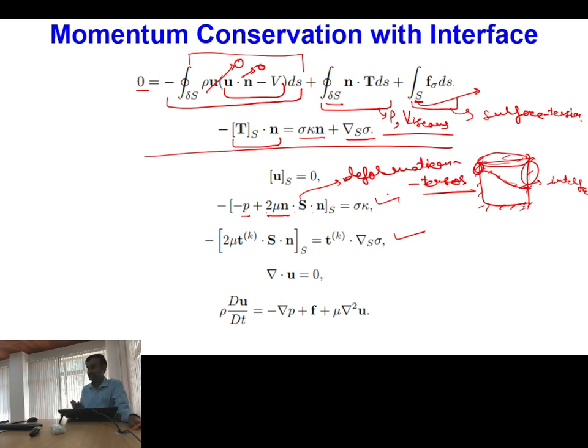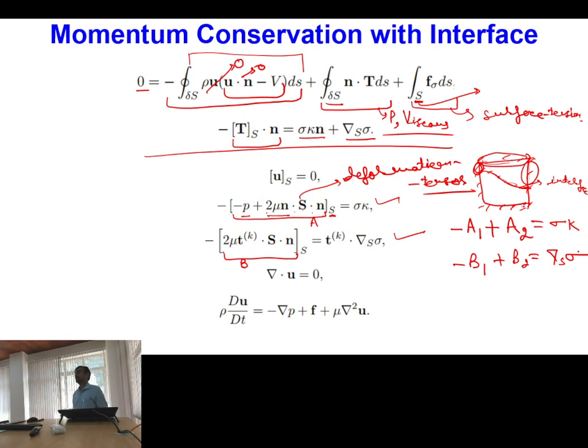Okay, so the deformation tensor will be responsible for viscous forces and pressure will be responsible for the rest. If I do this entire expression and then write S, what is the meaning of this? Say this entire expression is A. The meaning of this is minus A in the first phase, minus minus, so plus A in the second phase, equal to sigma into the curvature. And if this entire expression is nothing but my B, then minus B1 plus B2 equal to delta S sigma.